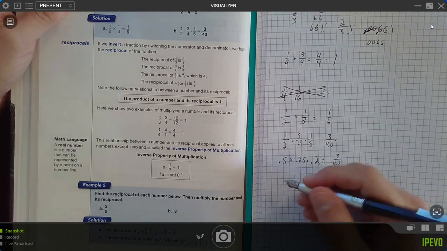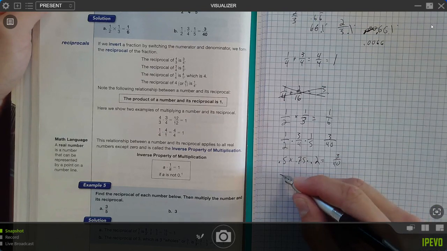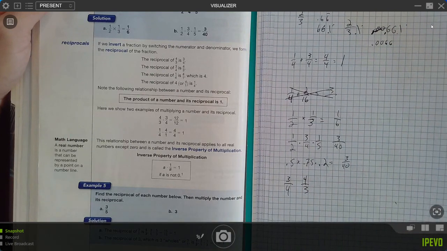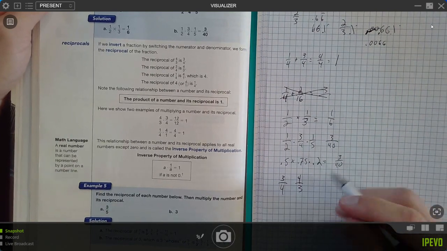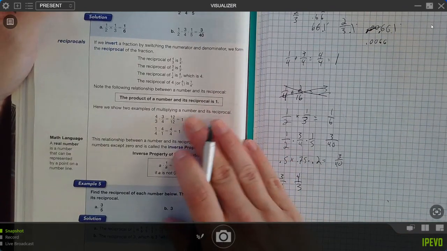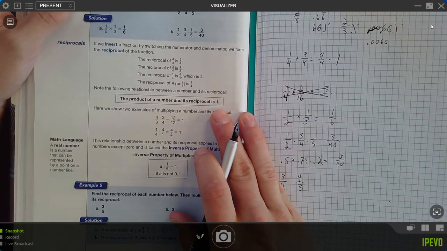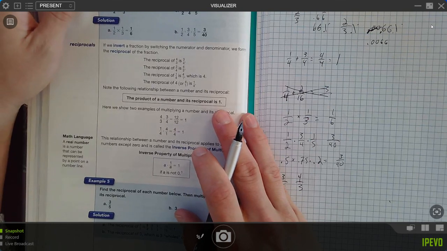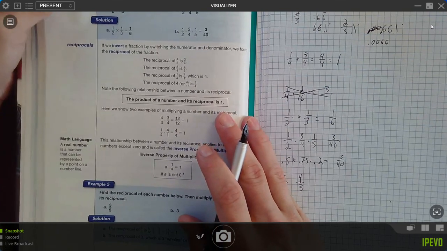Usually we say reciprocal. So 3/4, the opposite of that, or the reciprocal of that, is 4/3. Okay, and so on and so forth. The number and its reciprocal equals 1, right? So the number and its opposite equals 0. The number and its reciprocal equals 1. Okay.